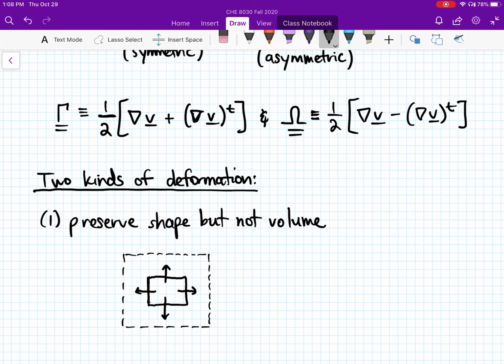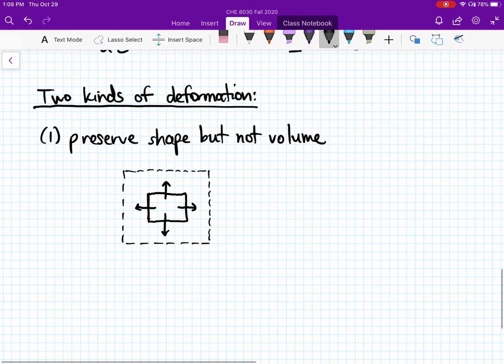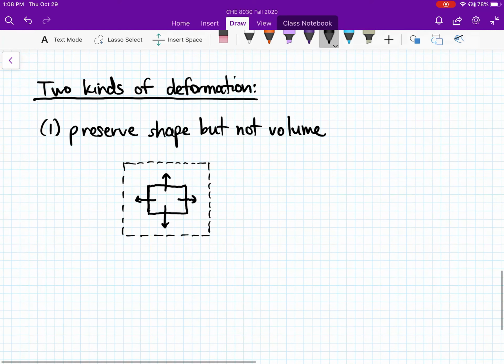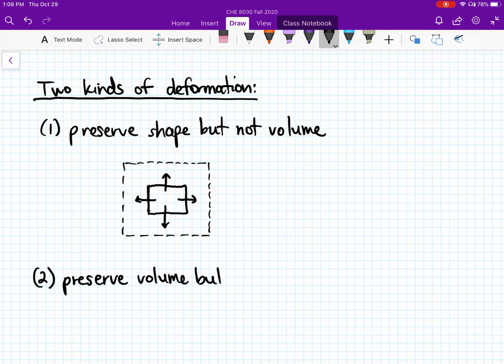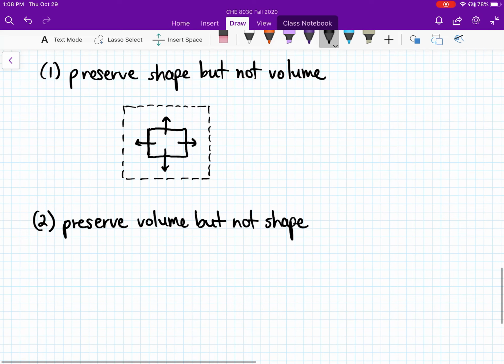Okay, so we have preserved the shape but not the volume. In the second, we preserve the volume but not the shape. So that might look something like this.